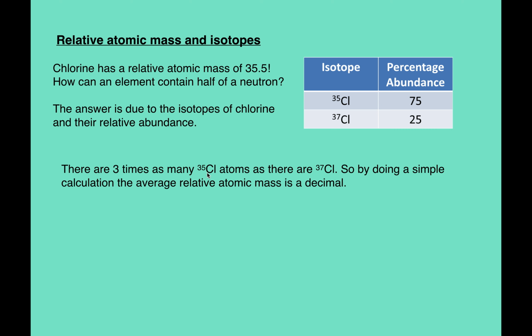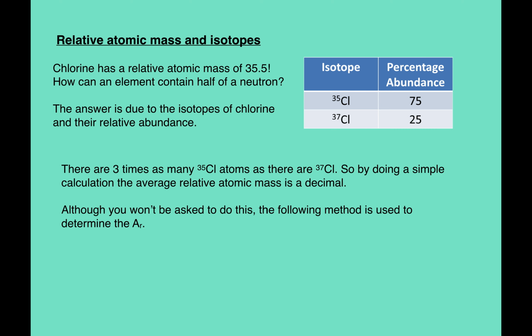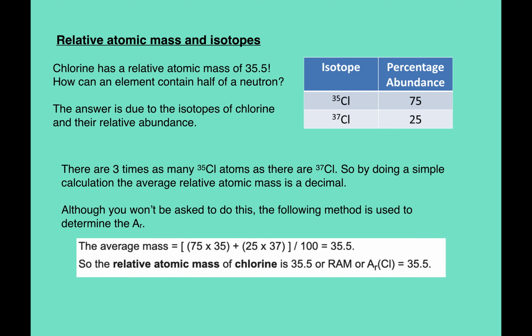We can do a simple calculation. This is not required really for IGCSE. This is to do with A-level, really, but it's not that difficult to work out. If you've got 3 times the number, you've got 75% of chlorine-35, 25% of chlorine-37, divided by 100, you get 35.5.